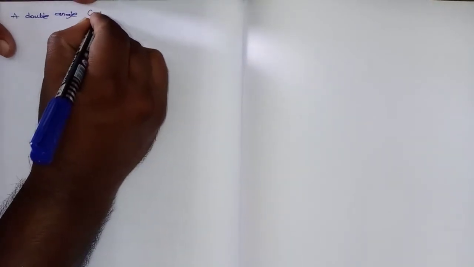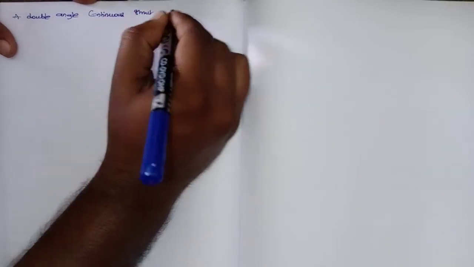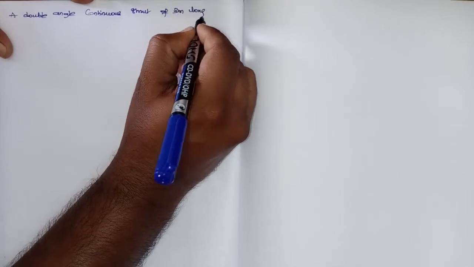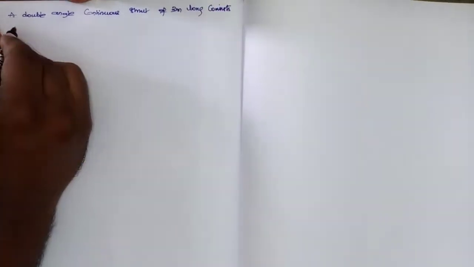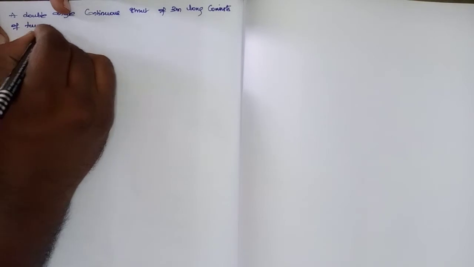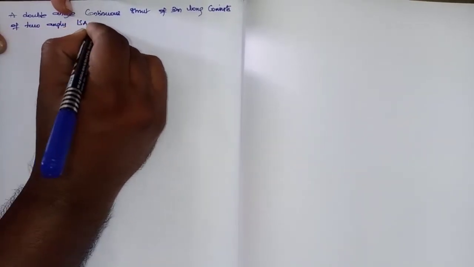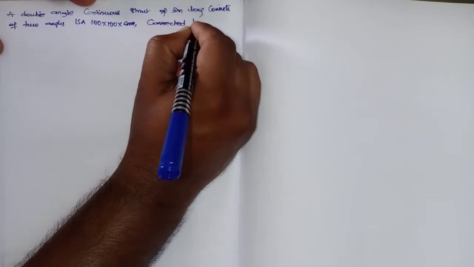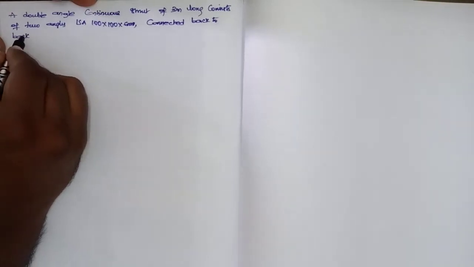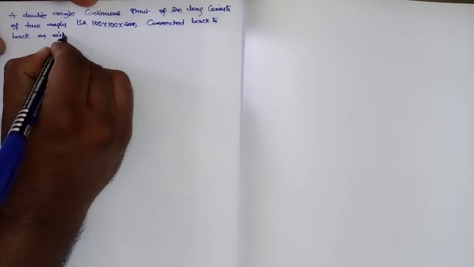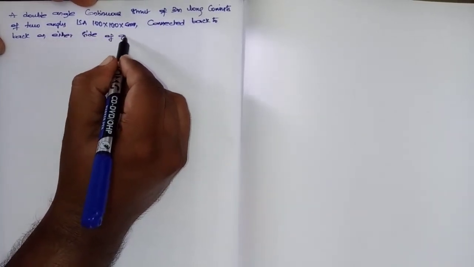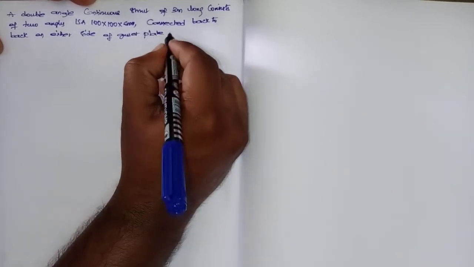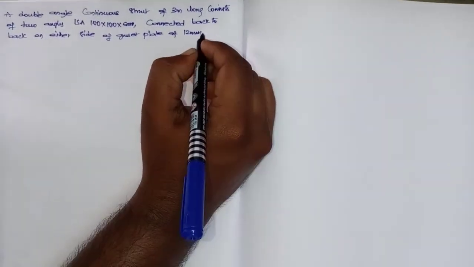A double angle continuous strut of 3 meters long consists of two angles ISA 100 by 100 by 6 mm connected back to back on either side of a gusset plate of 12 mm thickness.